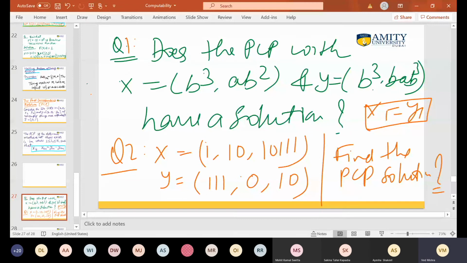Find the question number 2. Any solution? Actually, I think I have written one more extra y here.